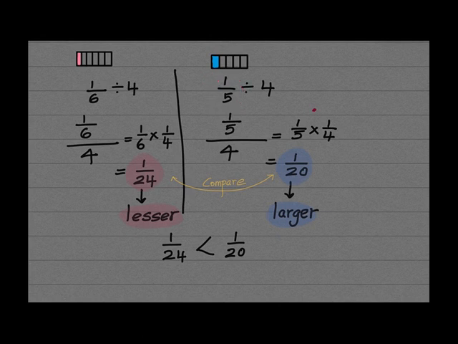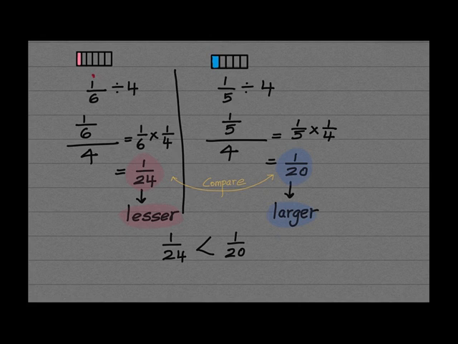So, when we divide a smaller value, and here we are dividing a bigger value, by the same number 4. Since we already have a smaller value, the answer is going to be a smaller value. And since we are working on a bigger value, the answer is going to be bigger than the one on the left, right?